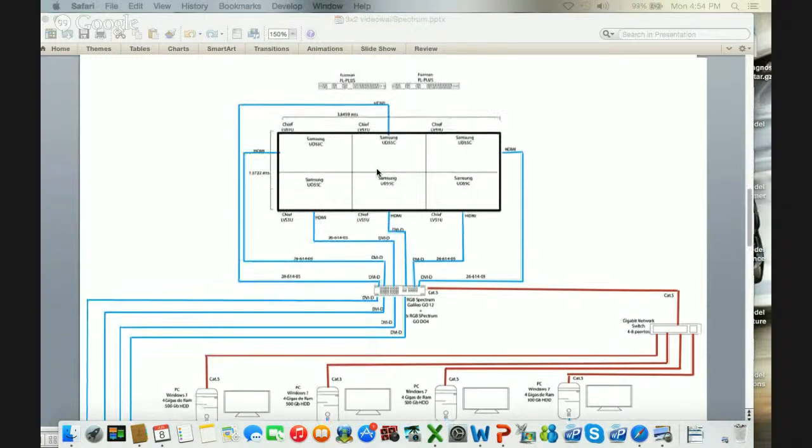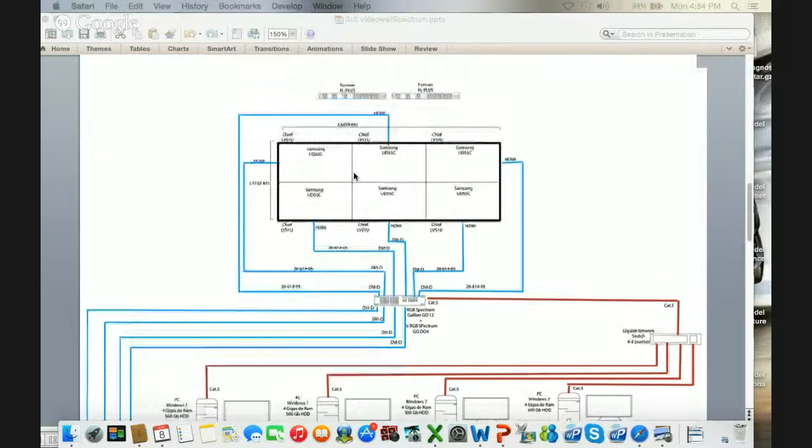One important thing as well is that you take care of the electricity. The major investment that you are making in a video wall is in the video wall processor, here the RGB Spectrum Galileo, and in the monitors. These are the biggest investments, so you must protect them from electricity problems. You must put in a Furman PL Plus that will protect the electricity.